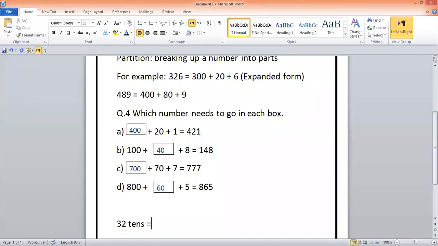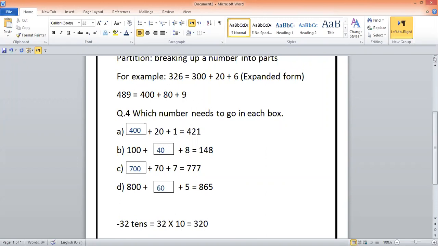In order to find out 32 tens, you will multiply 32 by 10, because this is tens. 32 tens is equal to 32 multiplied by 10. When you multiply 32 by 10, you will get 320.